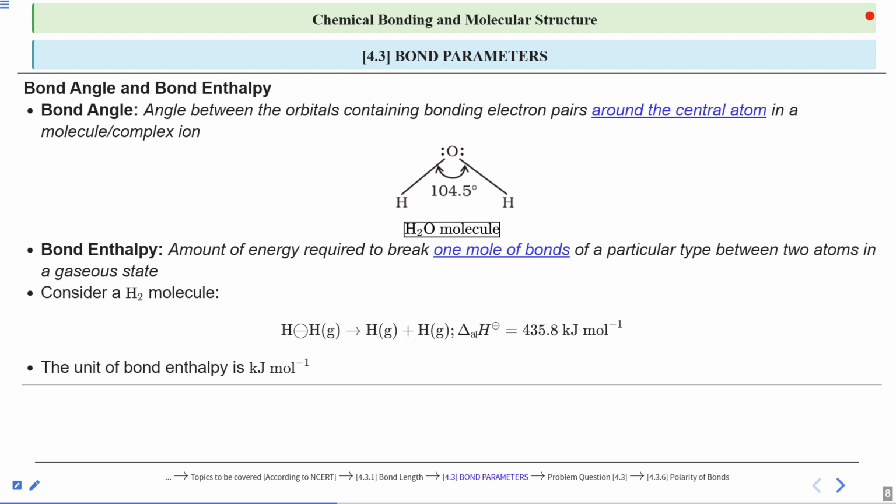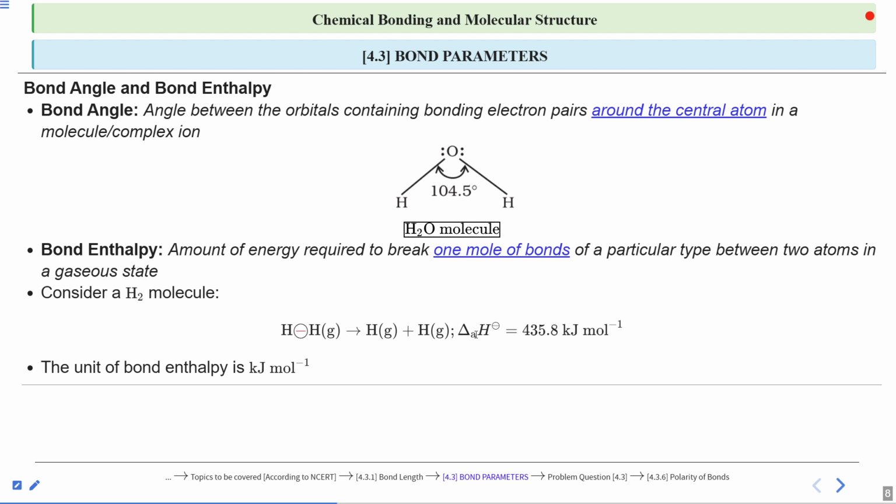Got it? Now what is enthalpy of atomization? It is converting 1 mole of this hydrogen into its constituent atoms. Atomization means conversion of a molecule into atoms. So you can say here in this case that bond enthalpy is equal to enthalpy of atomization.